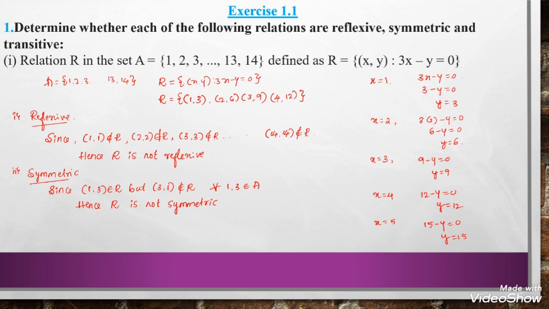Now, let us consider the third one, transitivity or transitive relation.